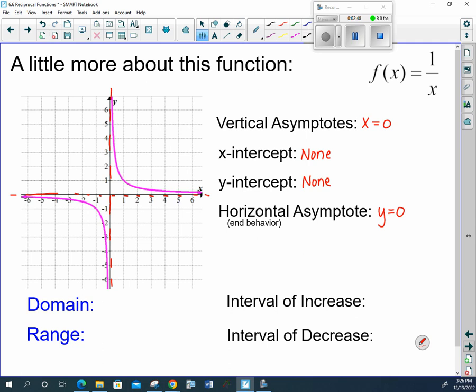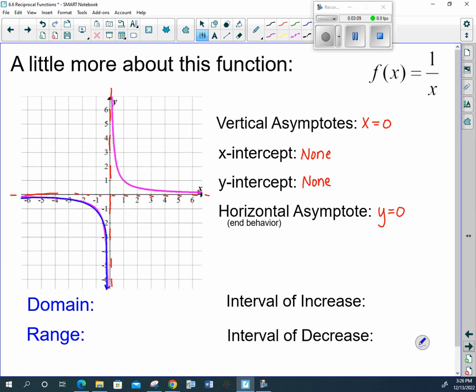And the interval of increase and decrease. That's not anything that we're going to need to worry about on these particular functions. We can tell as I'm moving left, this part is decreasing.